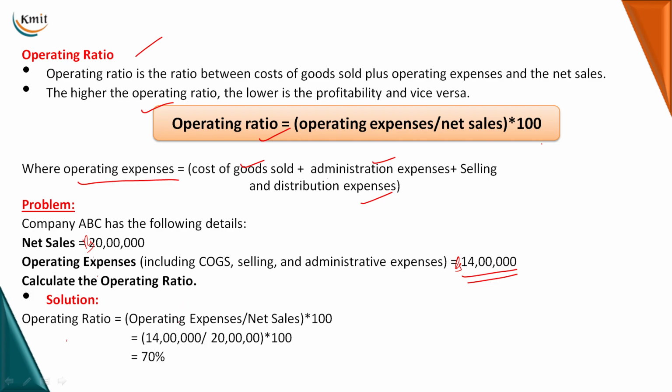The operating ratio is operating expenses divided by net sales into 100. This operating expenses is 14 lakhs divided by 20 lakhs into 100, which the ratio is 70%.